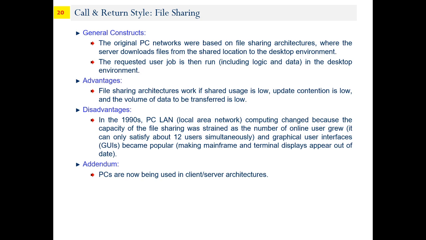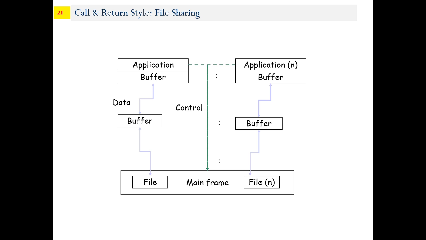Today also we use file sharing. How it happens is that we can replace the term mainframes by the servers that we have been using. There are several files and they are brought from the buffer to the application buffer so that they are visible.